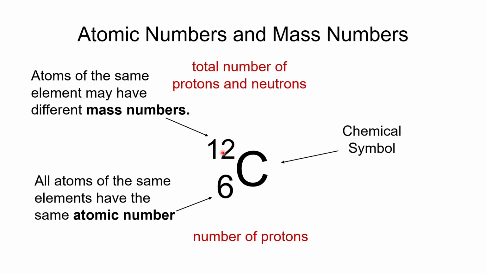Atoms of the same element can have more than one possible mass number, and since they have to have the same number of protons, that means they can have different numbers of neutrons. Since the mass number is the total number of protons and neutrons, and the number on the bottom is the total number of protons, the difference between those will give you the total number of neutrons in that isotope.